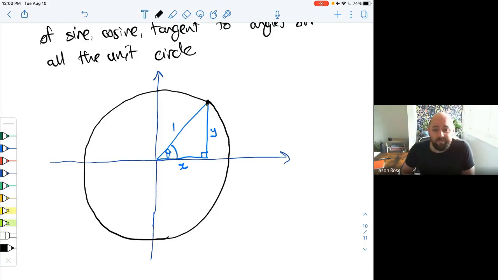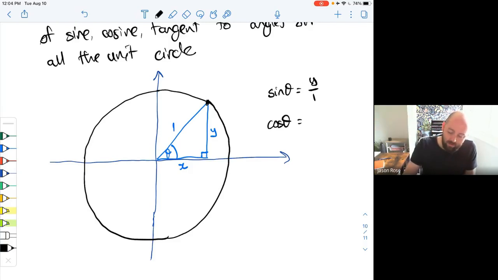As I'm looking at that, I can only see sine, cosine, and tangent fitting inside that first quadrant, that top right quadrant. But what we're going to do is extend it soon. Now, from this, I can say that sine of theta would be the opposite over the hypotenuse.